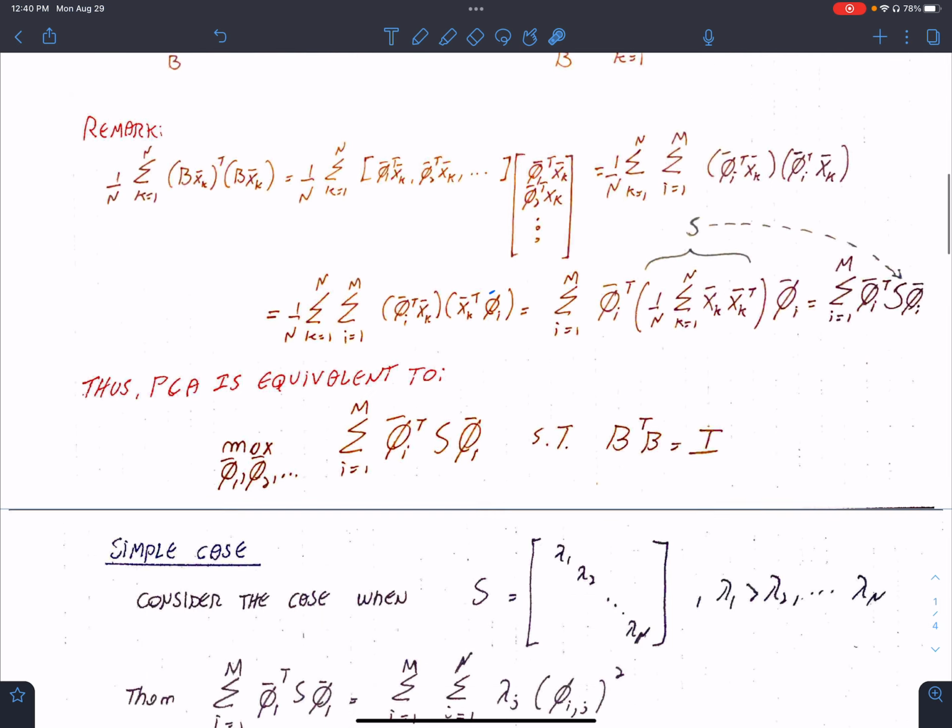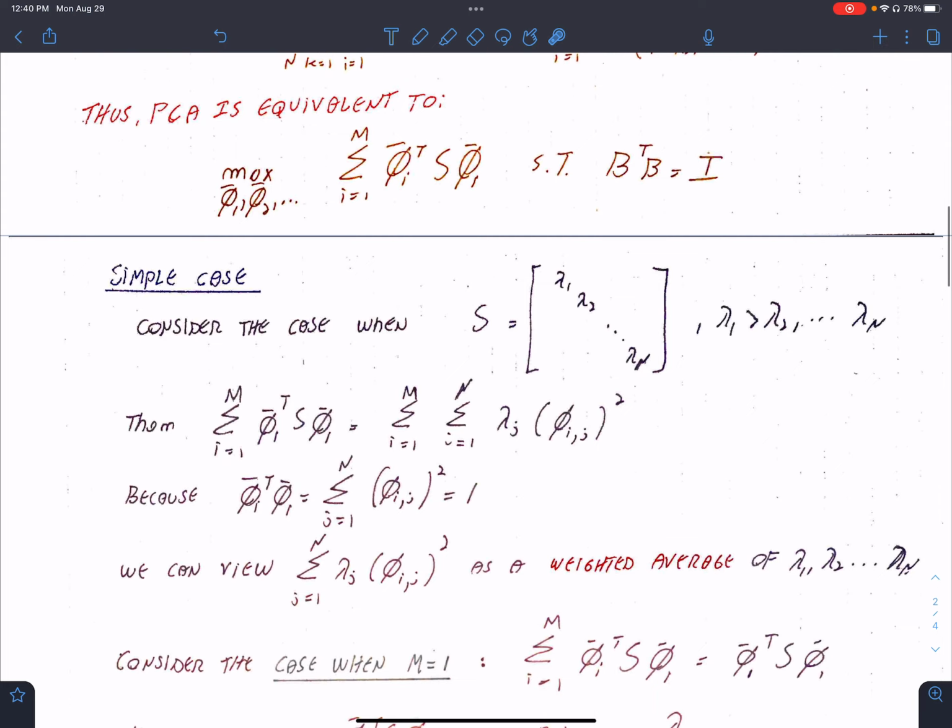So now, keeping in mind that we have rewritten our optimization problem to look like this, let's take a look at a simple version of this problem. Let's consider the case where the sample covariance matrix is essentially diagonal, meaning it has some values, which I'm calling lambda here, along the diagonal, and has zeros everywhere else.